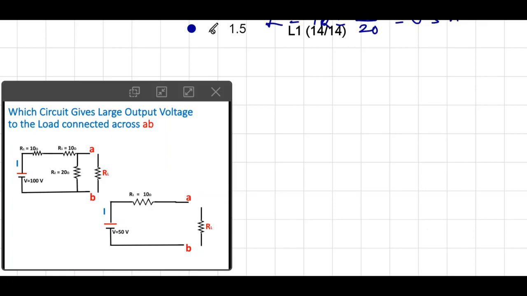Let us understand. First thing is, why do we use a power supply? We need energy to drive a particular device or circuit. Let us consider I have a tape recorder and I want to play it.